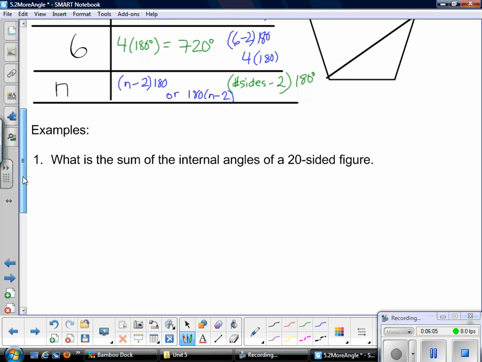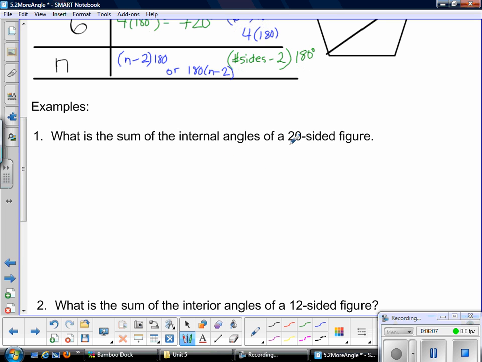It says, what is the sum of the internal angles of a 20-sided figure? Obviously, we wouldn't want to make a 20-sided figure, so let's try to do this. Number of sides, take away 2 times 180. That's going to be 20, take away 2 times 180, which equals 18 times 180.